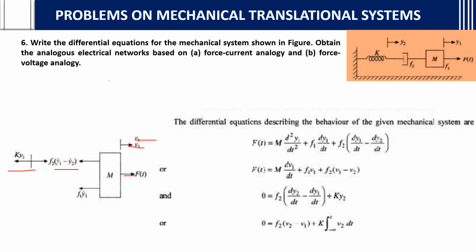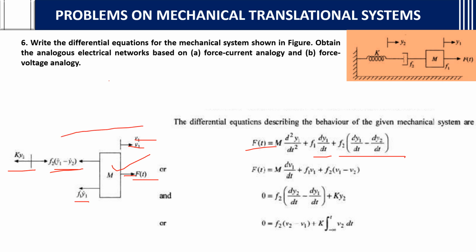So the differential equations describing the behavior of the given mechanical system are as follows. F of t is equal to M into d square y1 by dt square plus F1 into dy1 by dt plus F2 into dy1 by dt minus dy2 by dt.